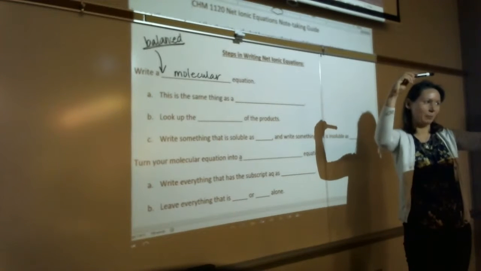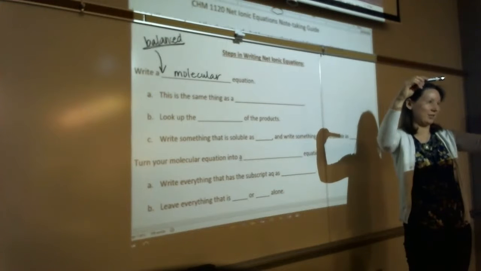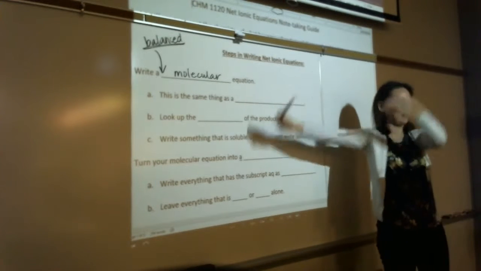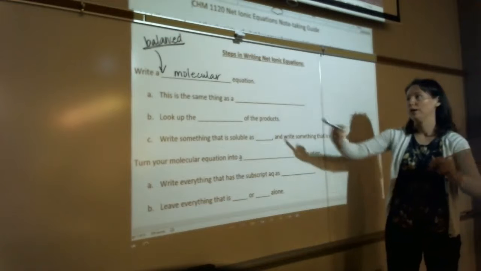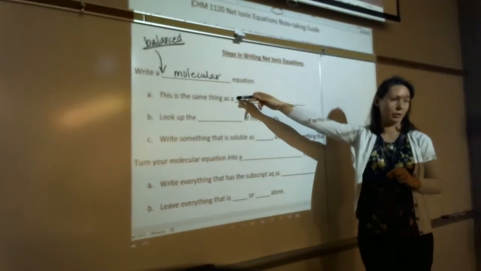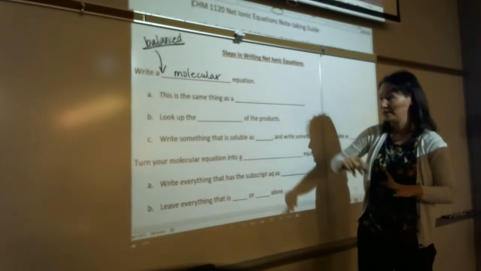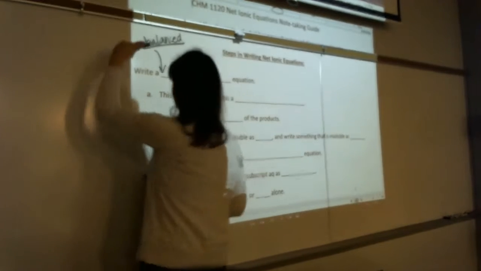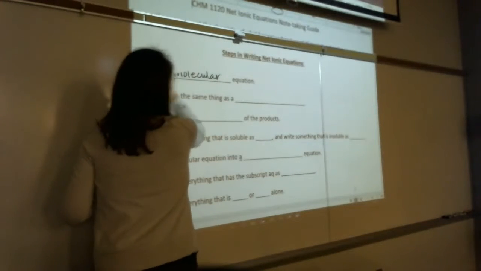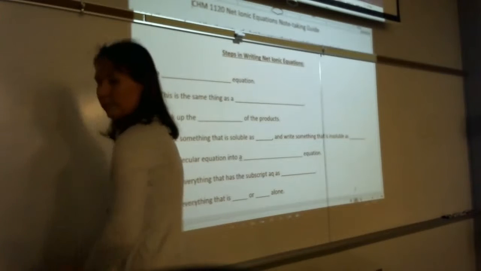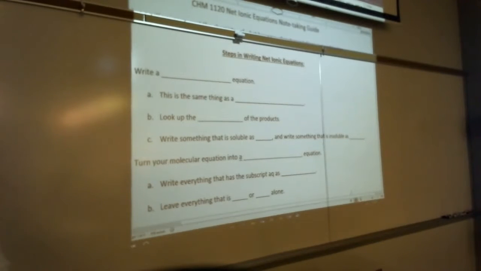So if you get it wrong in step one, this is one of those domino effects. It's going to be wrong in step two, it's going to be wrong in step three. So make sure you have a balanced molecular equation. Don't leave it unbalanced. You're going to carry step one down into step two. Okay, now let's go to step two.